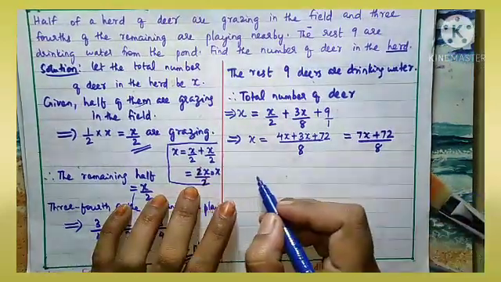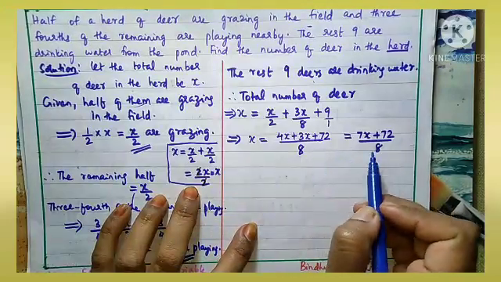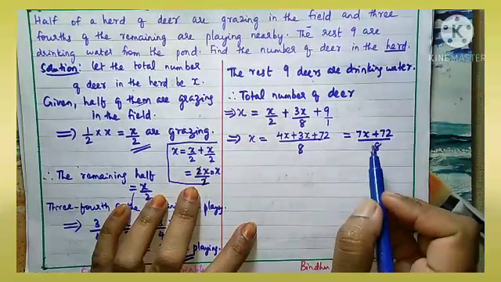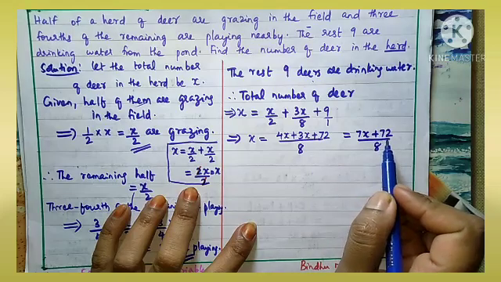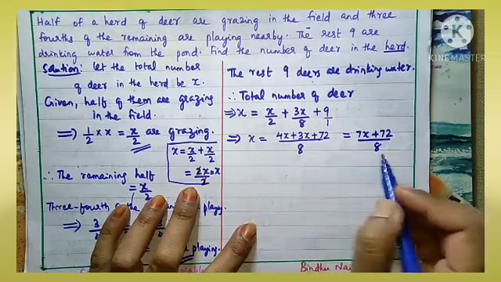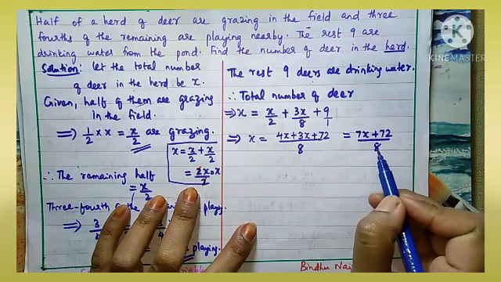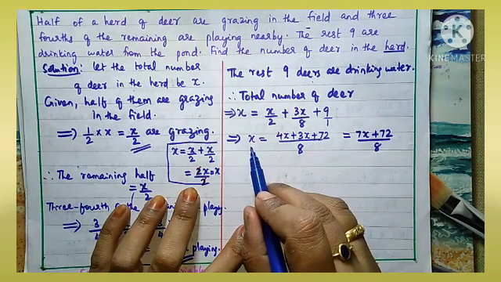Understand? So now you know that we want to take all the variables on one side and numbers to the other side. Now you see here this 8 is in division. So if I take this 8 to the other side of the equation, it becomes multiplication.